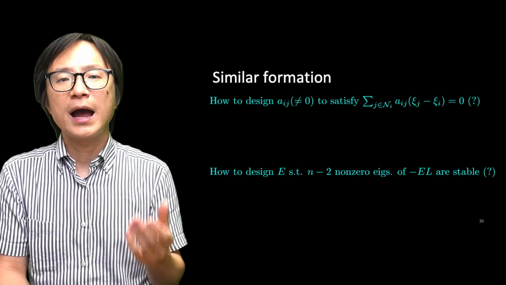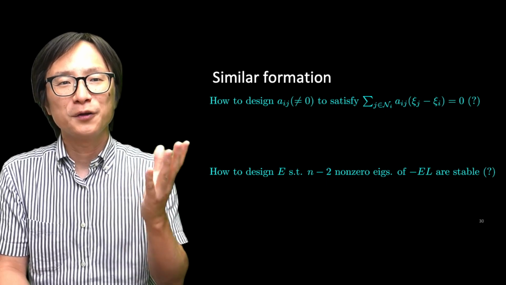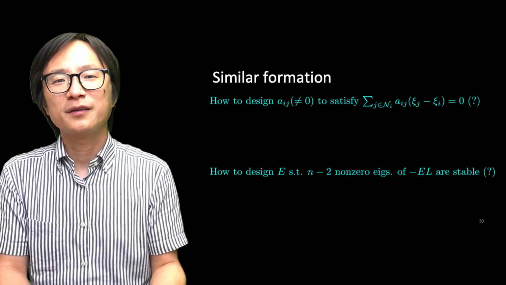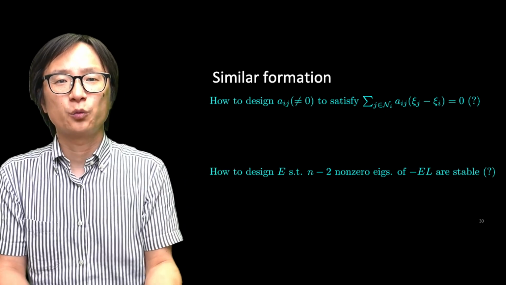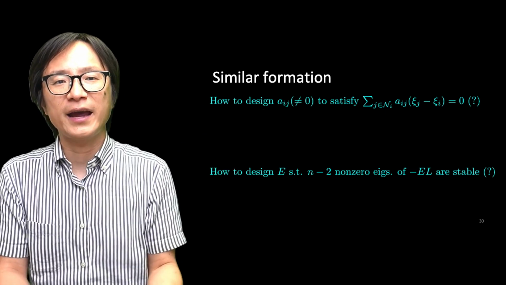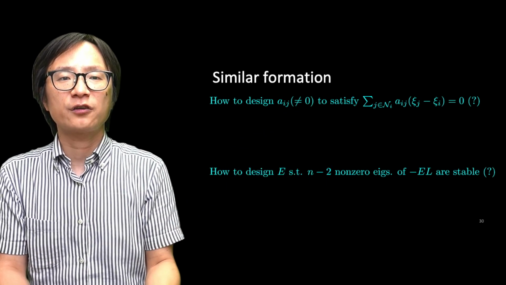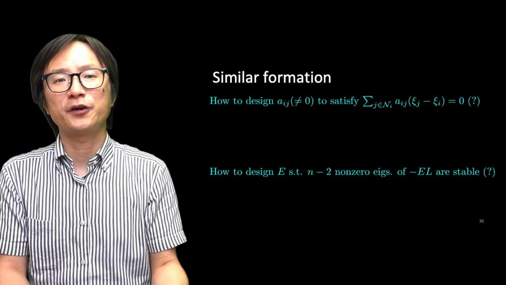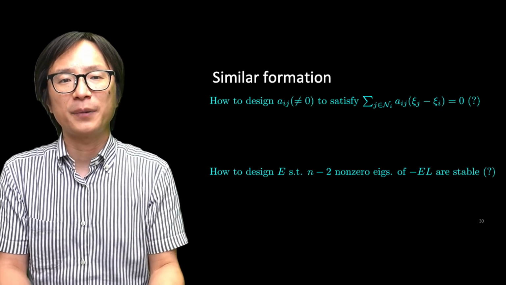Now, at this point, we still have two technical issues in our way to be resolved. The first one is, can we and how can we design these non-zero complex weights Aij to satisfy these linear constraints so as to encode the target configuration into the kernel of the complex Laplacian?